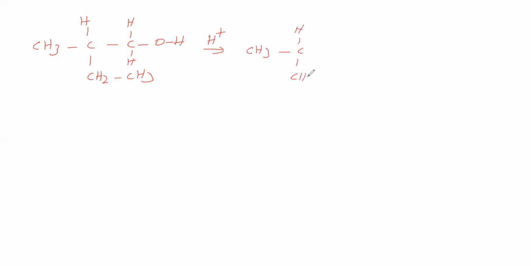Now I will take a so-and-so compound for halogen acid treatment. First it reacts with H plus, therefore you will get an oxonium ion.